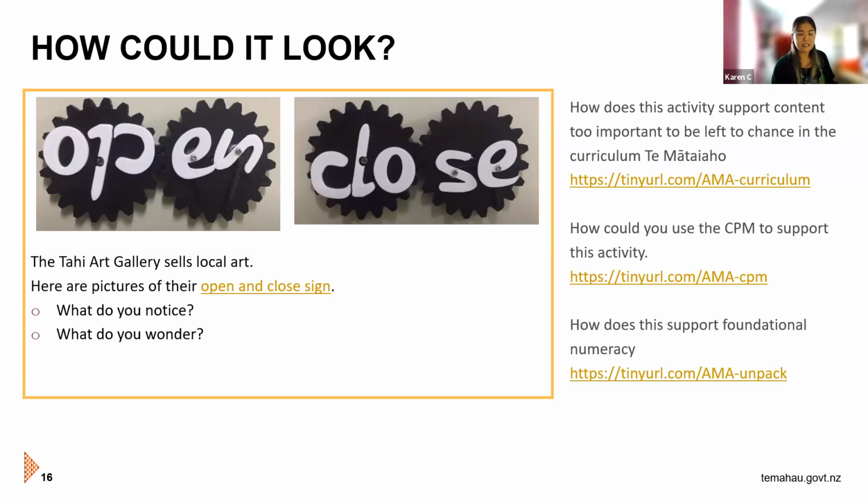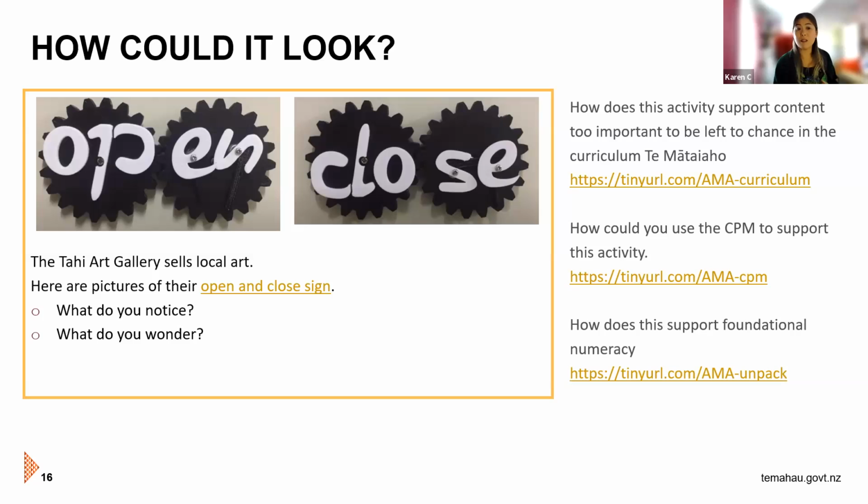And the other thing is that when learners are having those conversations, it's a real skill to know when to step in and scaffold. So if they're sitting there in silence, what can you do to support them? So for example, if a learner is going, I don't really notice anything, encourage them to go, well, what is it that you can just see that you think is really obvious?